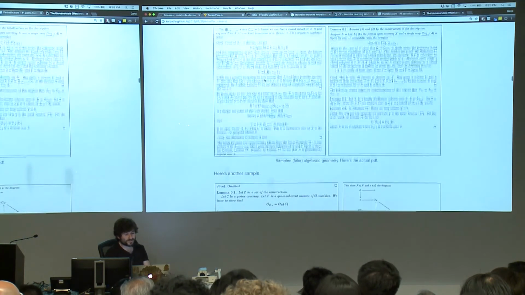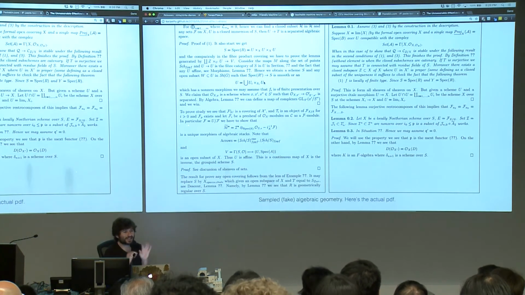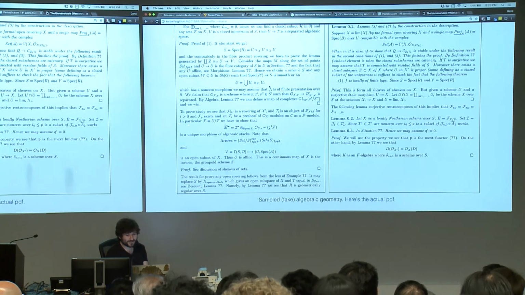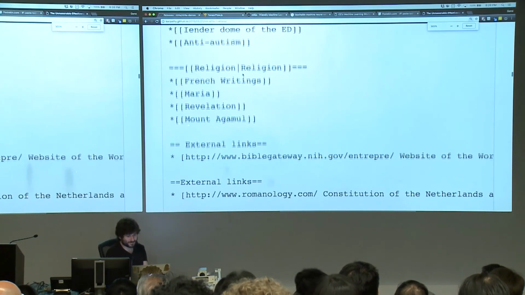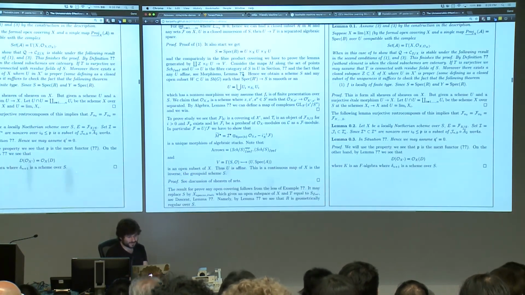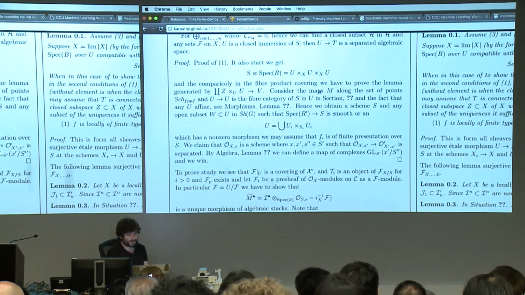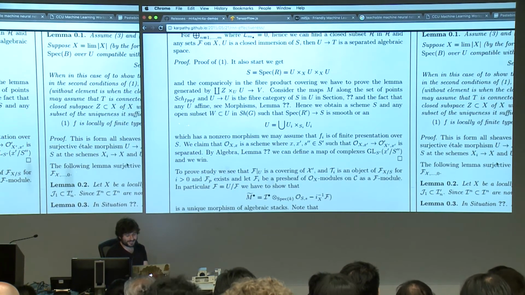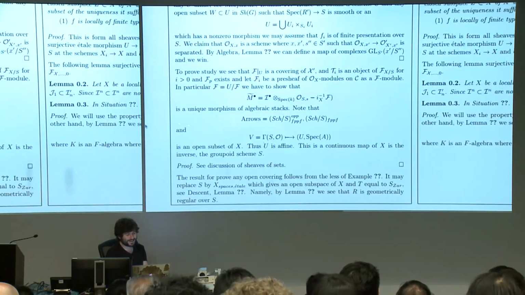Math papers. Math papers use LaTeX, which is just a markup language that generates equations, so maybe some of you know it. It generates things like "and in the fiber product covering, we have to prove the lemma generated by Z. So U equals..." Sorry.